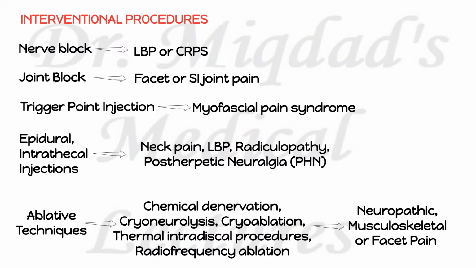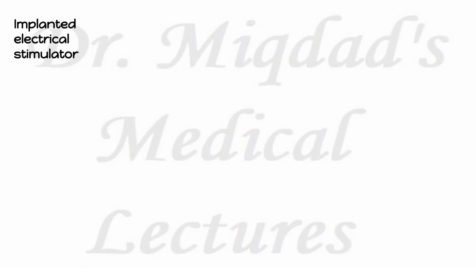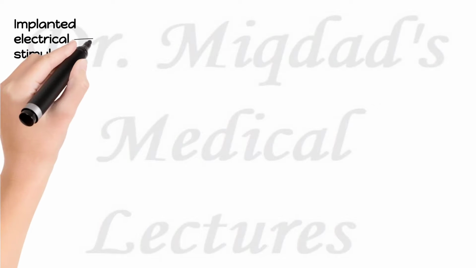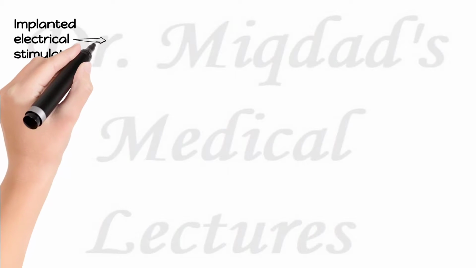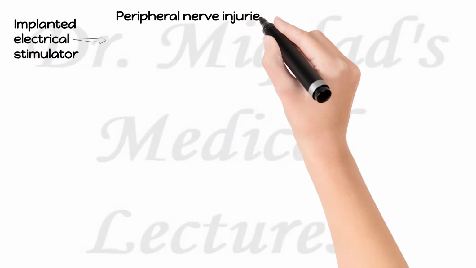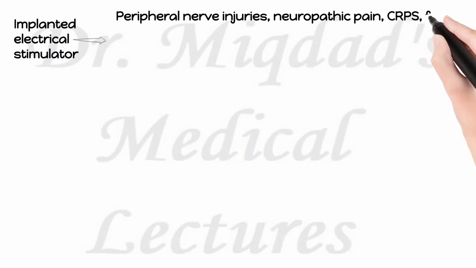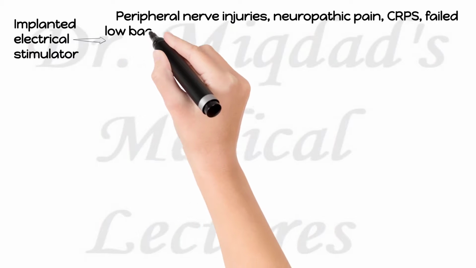Then next is implanted electrical stimulator. This can be used to provide subcutaneous peripheral nerve stimulation or spinal cord stimulation, and can be effectively used for many conditions like peripheral nerve injuries, neuropathic pain, then complex regional pain syndromes, also called CRPS, then failed low back surgery.